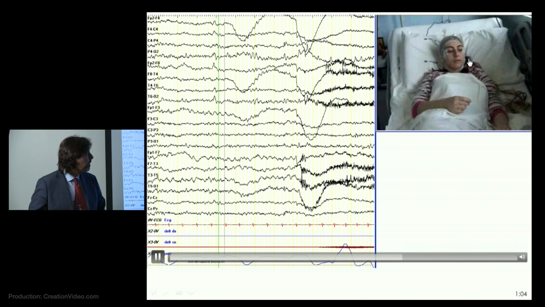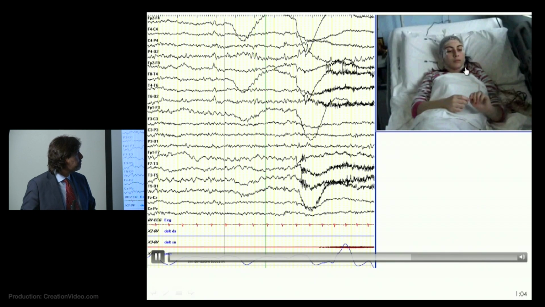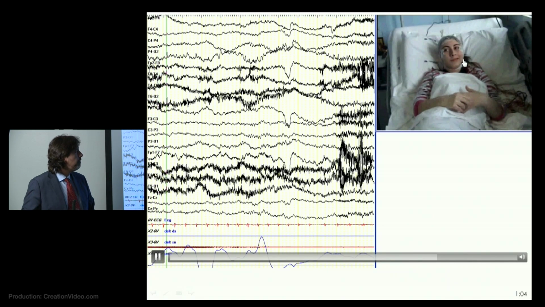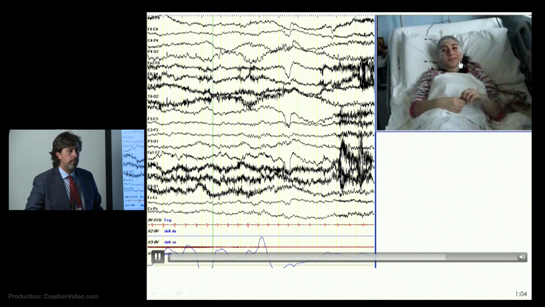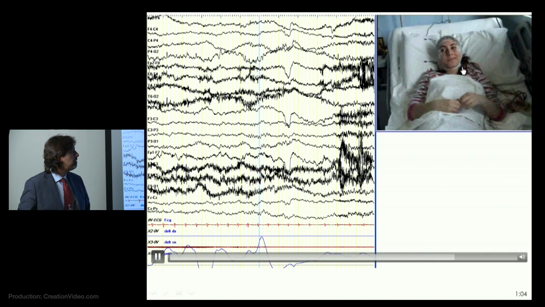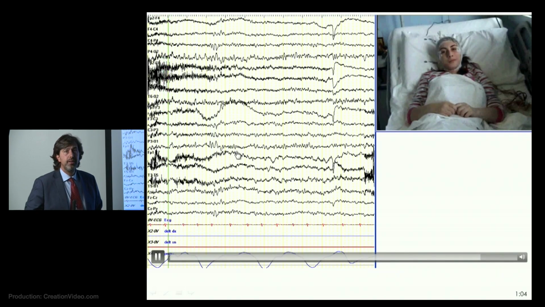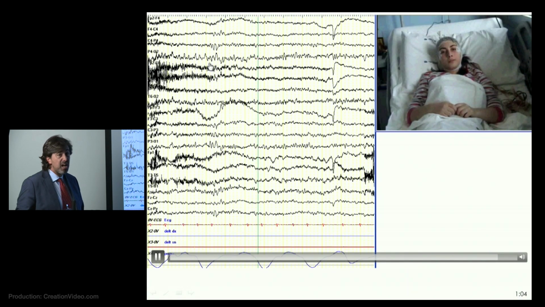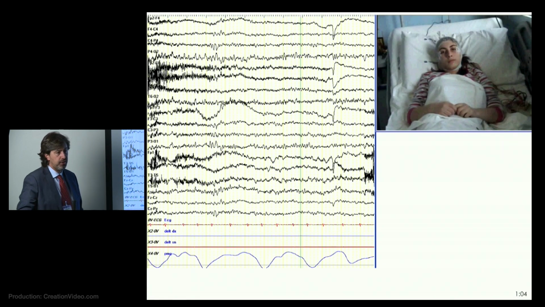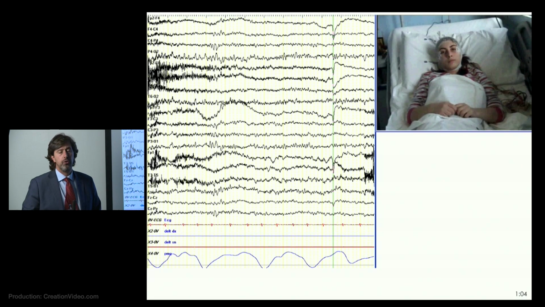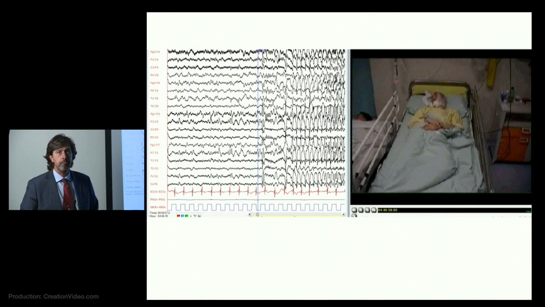Here you can see she's now having these spasms, and she's having lots of those types of seizures, sometimes associated with laughing, sometimes not. And again, the ictal EEG does not show clear-cut modification, only some mild desynchronization if compared to the background activity.